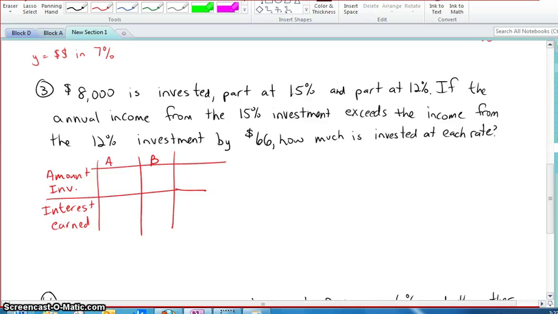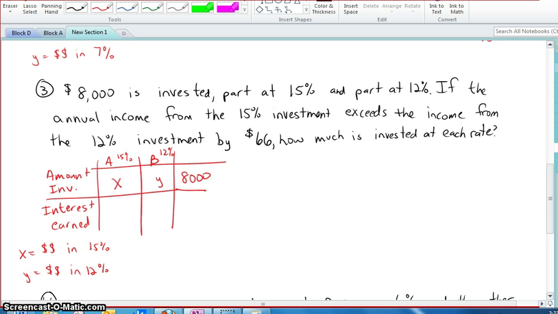Okay, now that you've had a minute to think about it, let's go through what it should look like. $8,000 is invested. That's my total amount put in. Part of it's at 15%. The next part's at 12%. So that means my X stands for the money in the 15% account. And Y stands for the money in the 12% account.